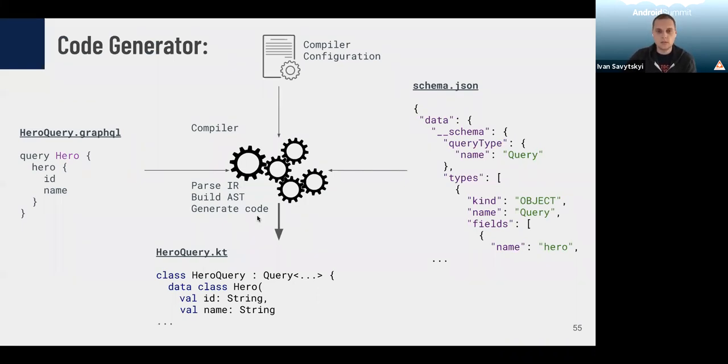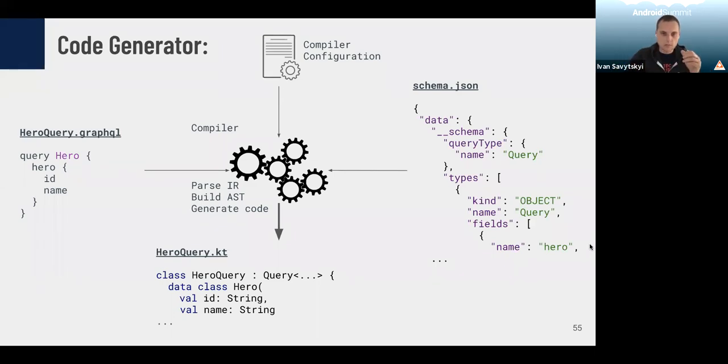So just to give you a recap, what the code generation is, basically we call it compiler, and so we take some configurations, and as we are generating type safe models, we obviously take the schema and we take the query. So we validate the query against the schema. So we parse, build some IR, building some AST, and at the end, we generate the Kotlin models.